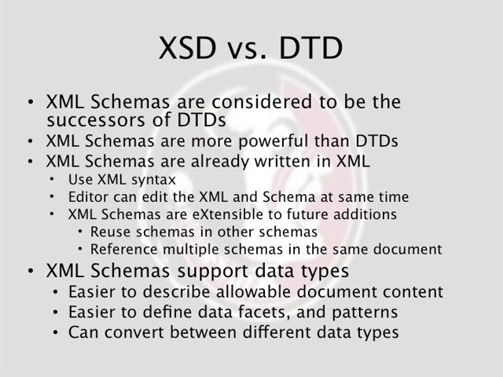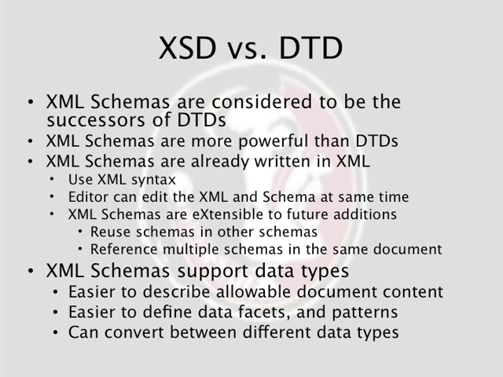So here's a little difference between the two of them. XML schemas are considered to be the successors of DTDs. They're more powerful. So an advantage is that they're already written in XML, so they already use XML syntax. Editors can edit the XML and schema at the same time. You don't have to have them separate. They're extensible, which is good.